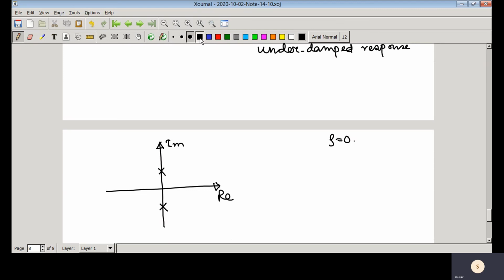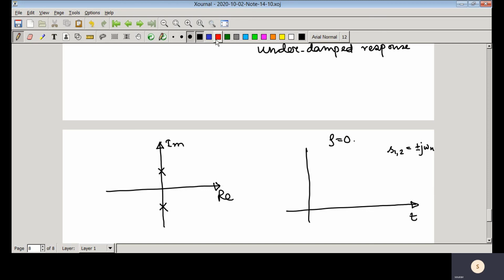So then what would be that response? It keeps on oscillating. So here you can see that S1, 2, you have two poles which are complex conjugate poles, and they are on the imaginary axis.